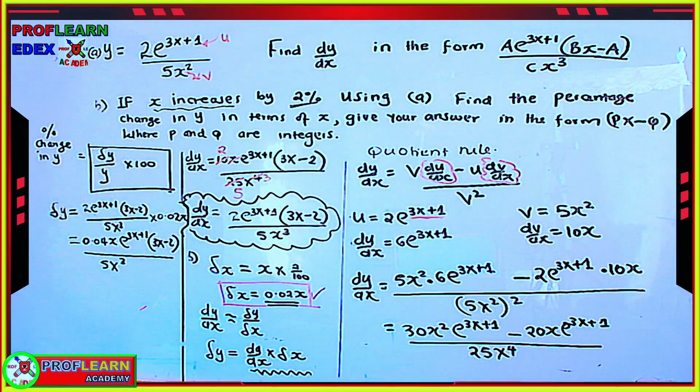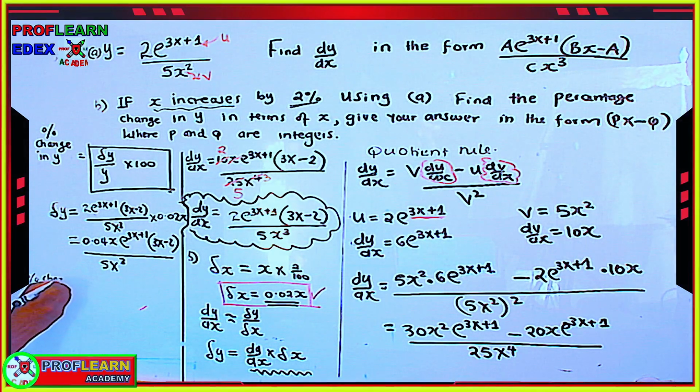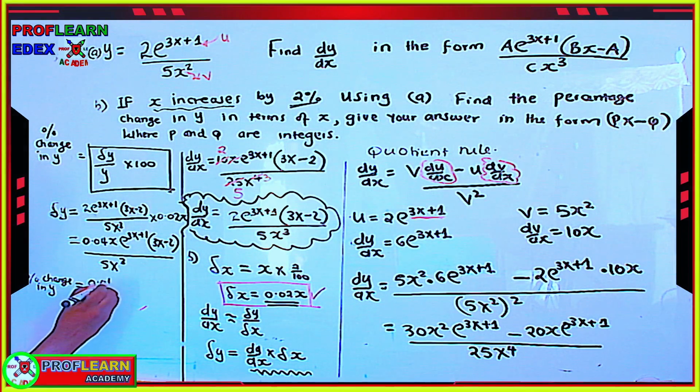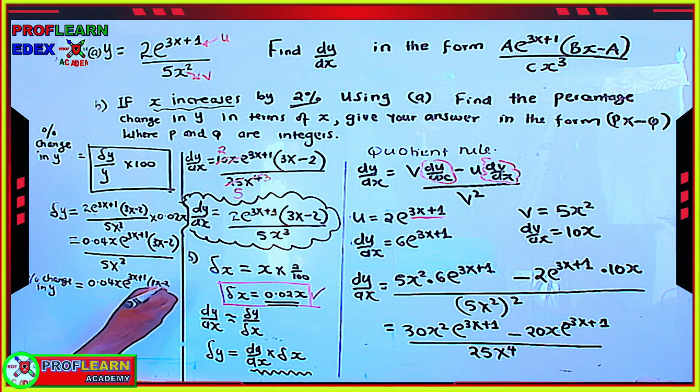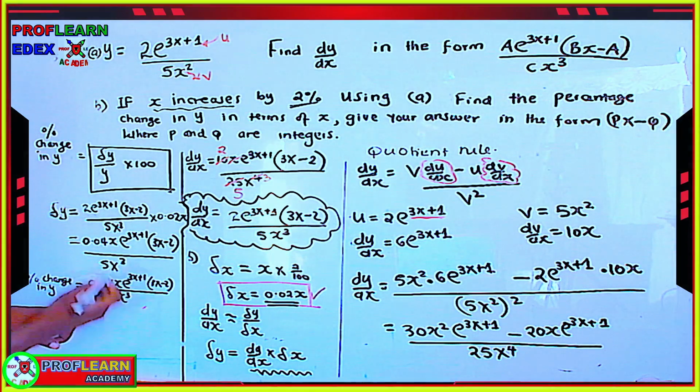Now, in order to find the percentage change in y, it's going to be small change in y over y times 100%. So I can write it here, percentage change in y is going to be 0.04x e^(3x+1)(3x-2), which is this part, representing the small change in y over y.